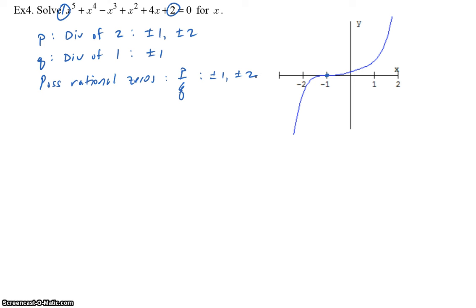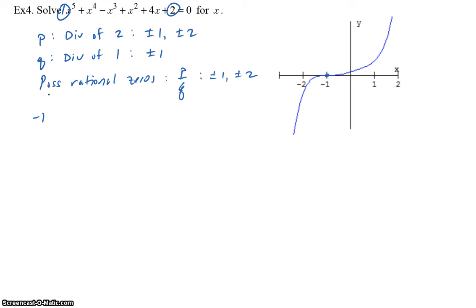do not appear to be rational zeros themselves. Let's test that -1 actually is a rational zero by dividing its factor x plus 1 into the polynomial using synthetic division. For that we would use -1, and then the coefficients.